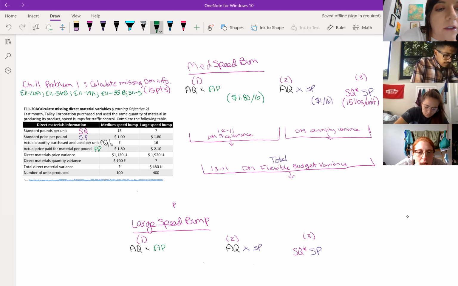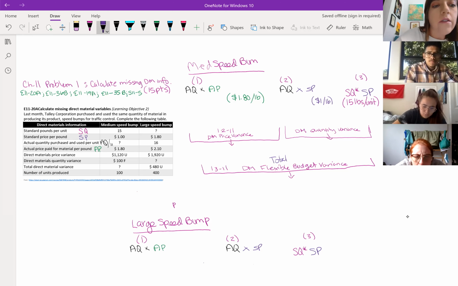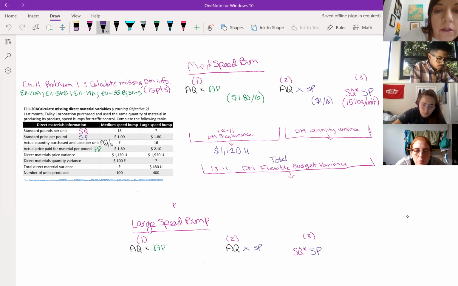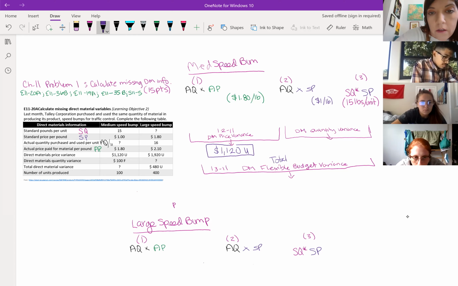The direct materials price variance is going to go down here. Direct materials price variance was $1,120 unfavorable. So we spent more on direct materials purchased than we should have, right?